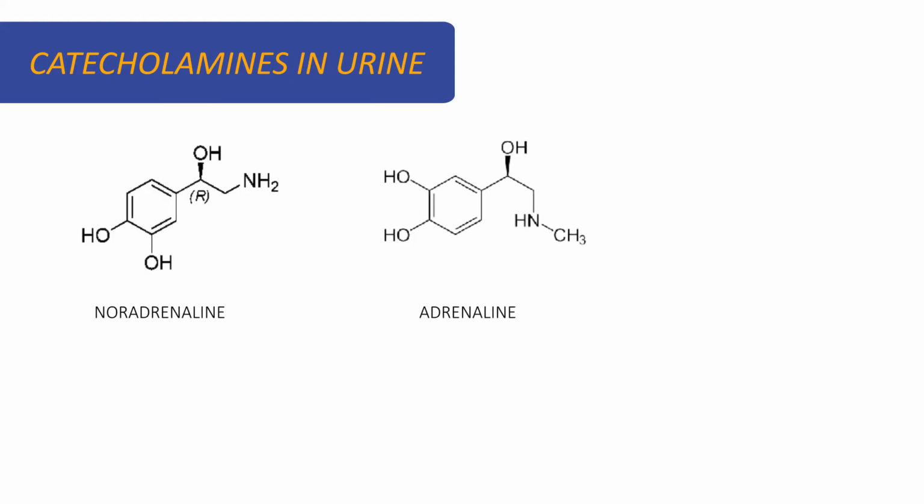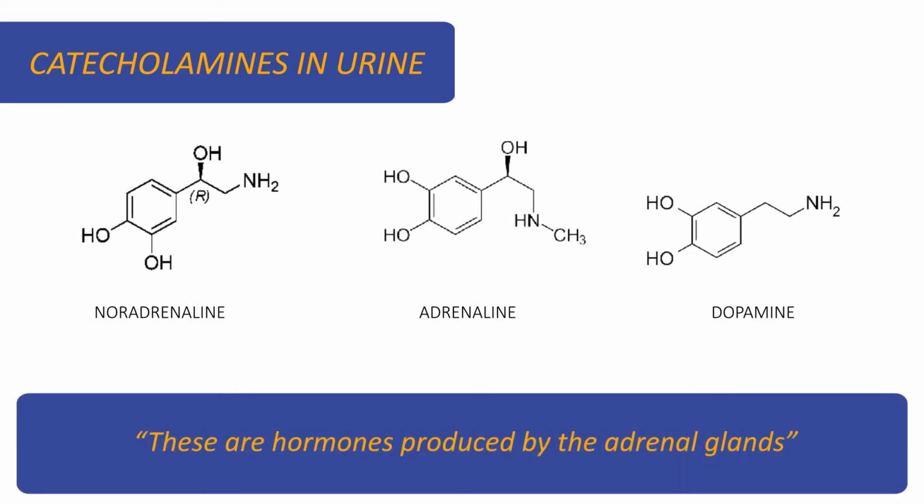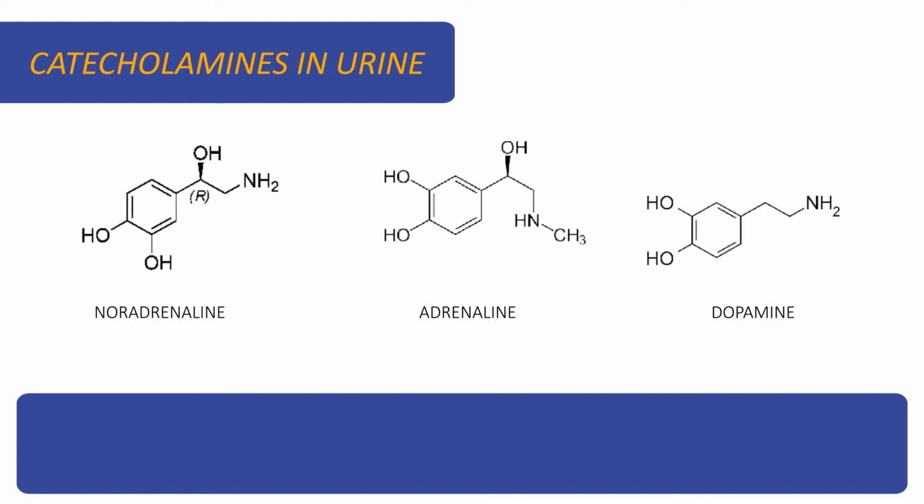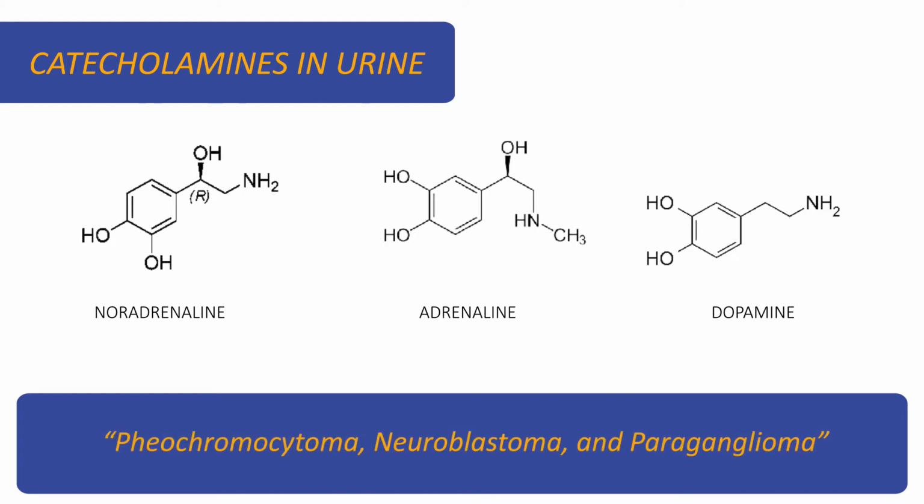eurekakit.com. So now let's begin with catecholamines in urine, or rather noradrenaline, adrenaline and dopamine. These are hormones produced by the adrenal gland which greatly increase their concentration in biological fluids in the presence of cancers such as pheochromocytoma, neuroblastoma or paraganglioma.